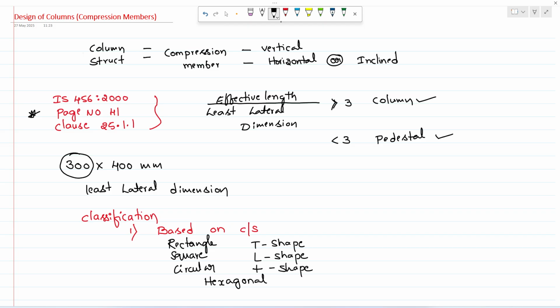So this is classification based on cross section of the column. Many of you have seen rectangle, square and circular columns, widely used in case of high-rise structures, T shape and L shape columns.